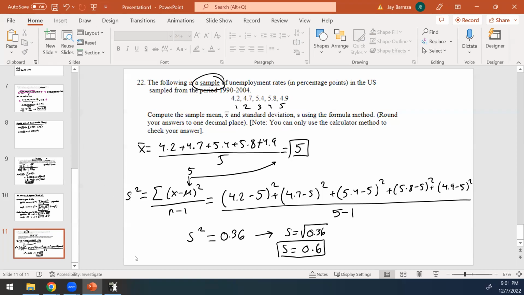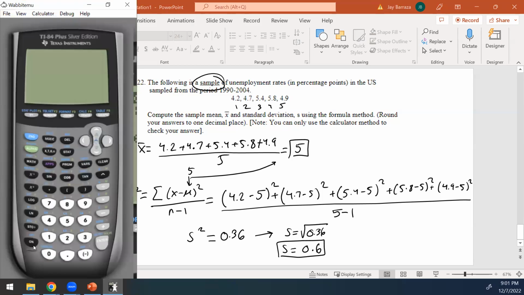Now, if you want to do this on your calculator, turn it on. So click on stat, clear that, click on stat, and then you're going to press enter on edit, and you're going to type in your numbers. So 4.2, 4.7, 5.4, 5.8, 4.9. Okay.